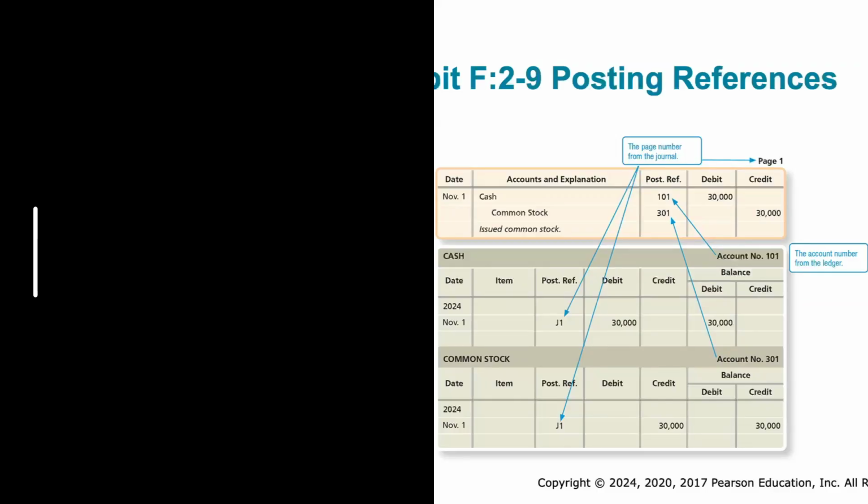And when we post common stock to the ledger, our ledger account is 301. When we post to the ledger from the journal, we can see that we have journal page 1. So if I ever want to go back and say, "Hey, where did this ledger entry come from?" I can look at the posting reference and then reference the general journal and see where that transaction occurred and vice versa.